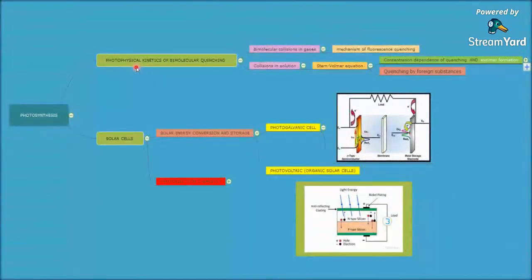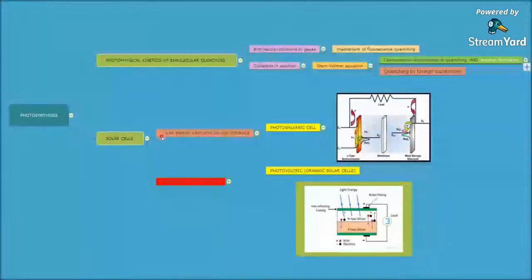It is the syllabus for same, where photosynthesis will be divided into two parts, which is the photophysical kinetics of biomolecular reaction, and the another one is solar cells. So the basic for the solar cell is the process of photosynthesis. So these solar cells are of two types.